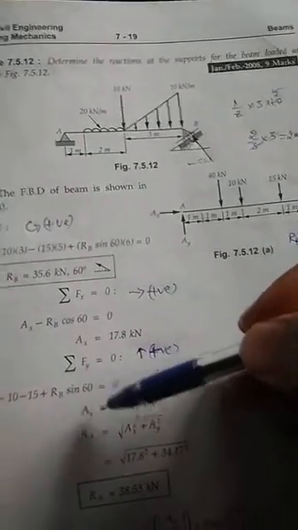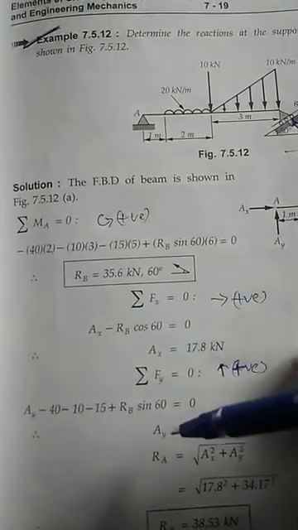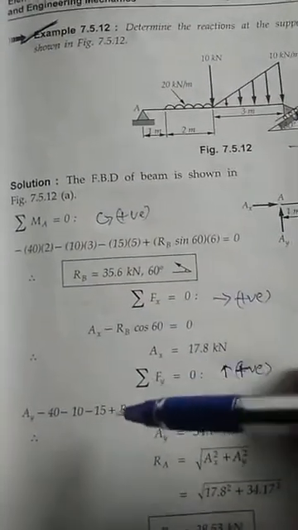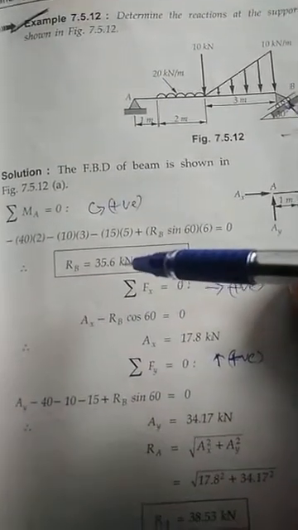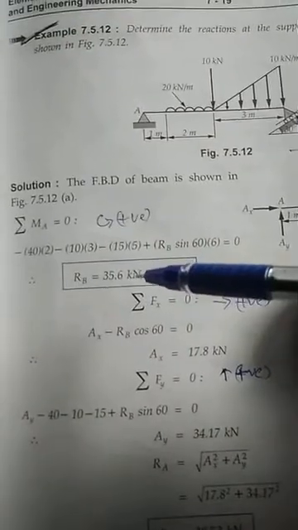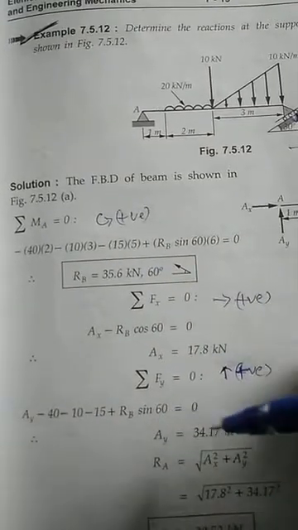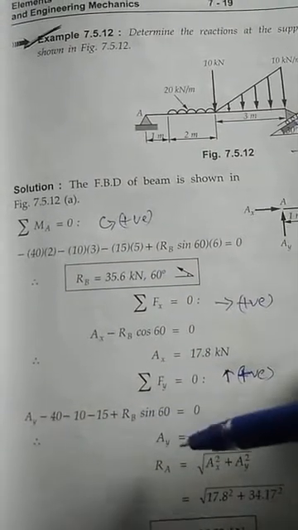After simplifying, the only unknown is Ay. The RB value we already determined, 35.6, insert it, and finally you will get Ay.